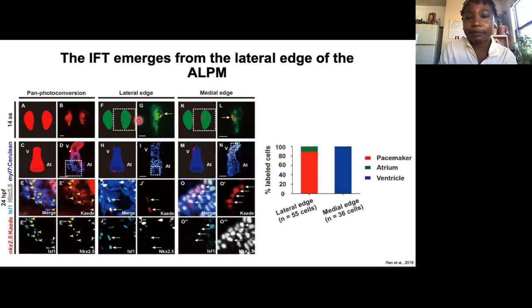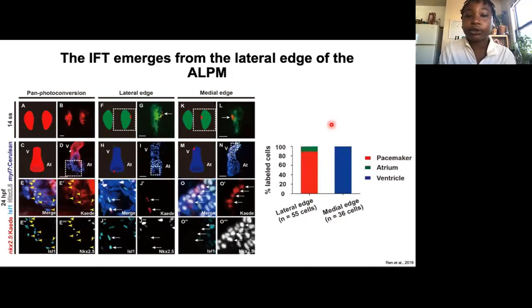In this study, cells that were photoconverted at the lateral edge of the ALPM appeared to emerge at the base of the atrium and were also positive for islet-1 and negative for NKX2.5. However, cells that were tagged on the medial edge of the ALPM contributed to the outflow tract or the top of the ventricle.